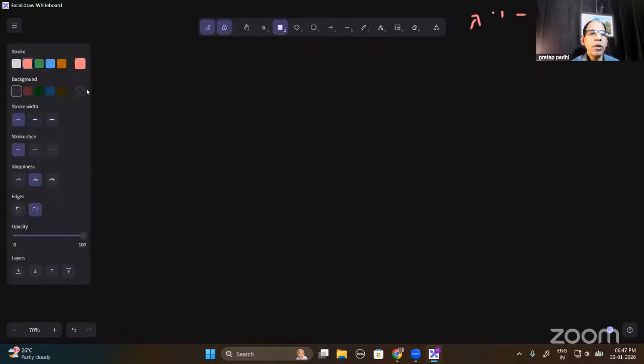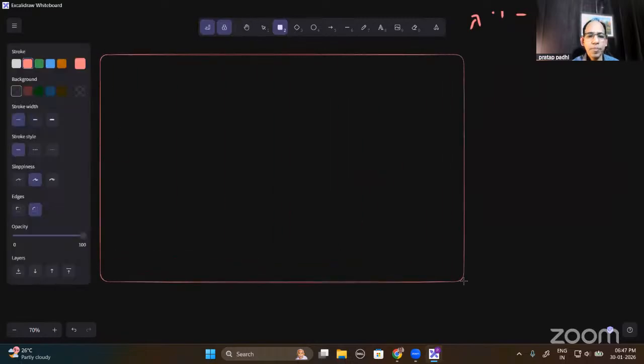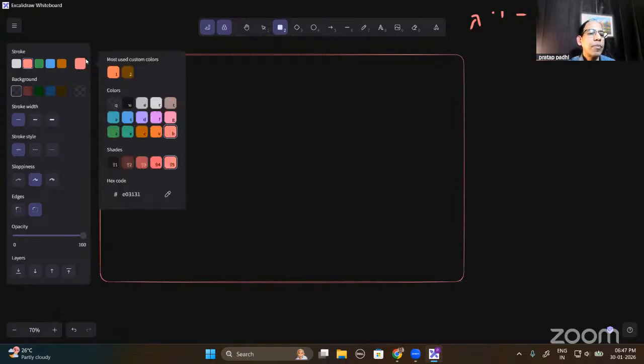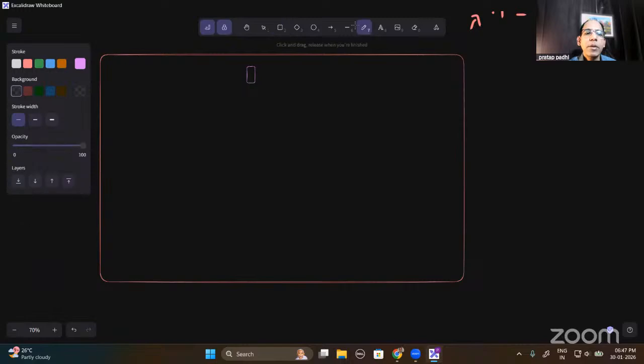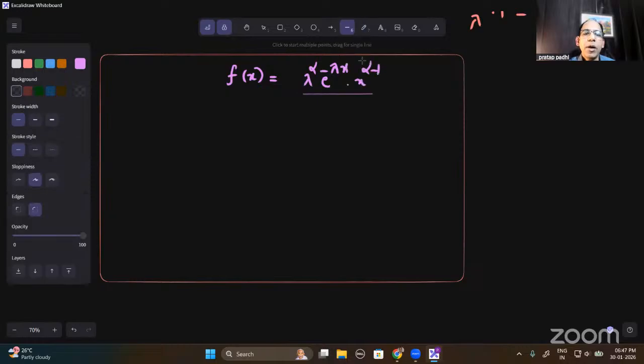So let me write now E[X²]. To find E[X²], I will write once again f(x) equal to lambda^alpha e^(-lambda x) x^(alpha-1) divided by gamma(alpha).